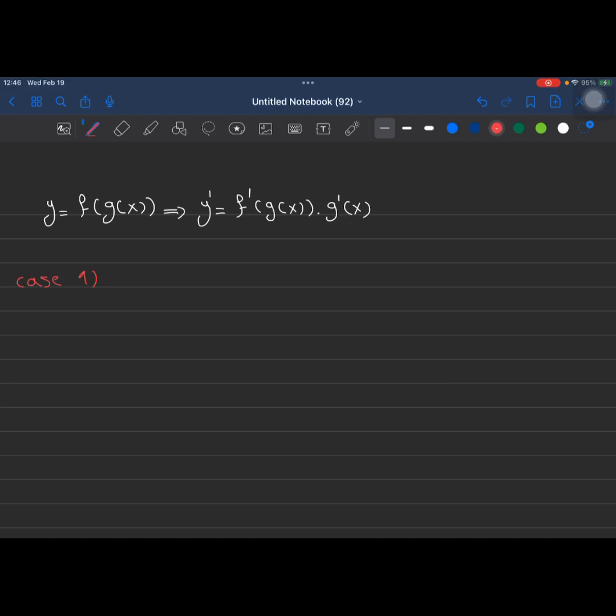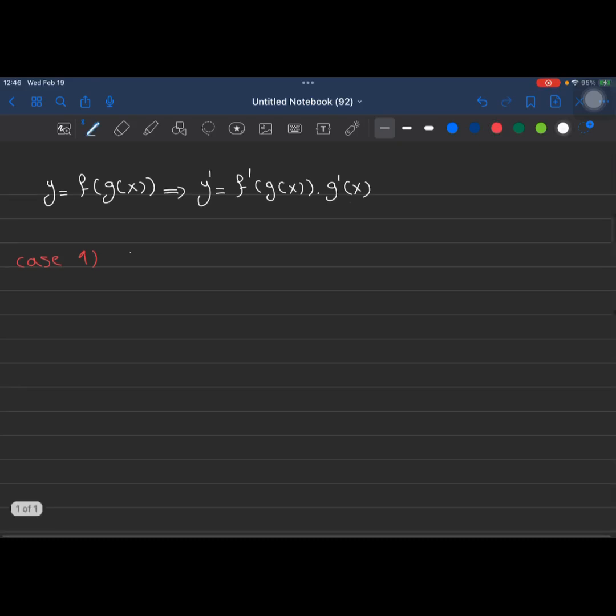If you have a function like y equal to f of x to the power of n, and here n is a real number. So anytime you have a function to the power of a real number, to find the derivative of y, you have to use the chain rule.